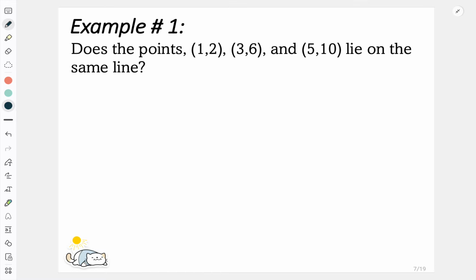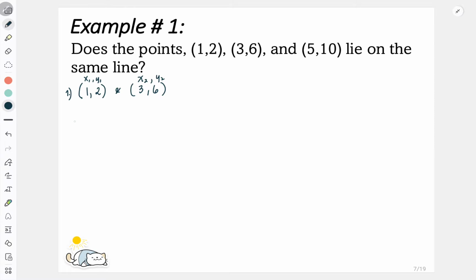For the first example, let's have the first pair (1, 2) and (3, 6). Let me have this as my first pair. Let me represent (1, 2) as x sub 1, y sub 1, and (3, 6) as x sub 2, y sub 2.